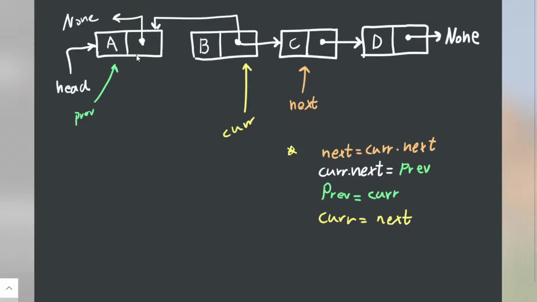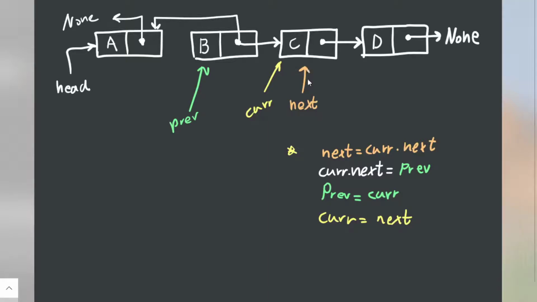So this is where we're starting to move forward. We've updated the link here. We're going to move to the next node. Previous is now pointing to that. And finally, we update the current to move forward. So current is now pointing to this.